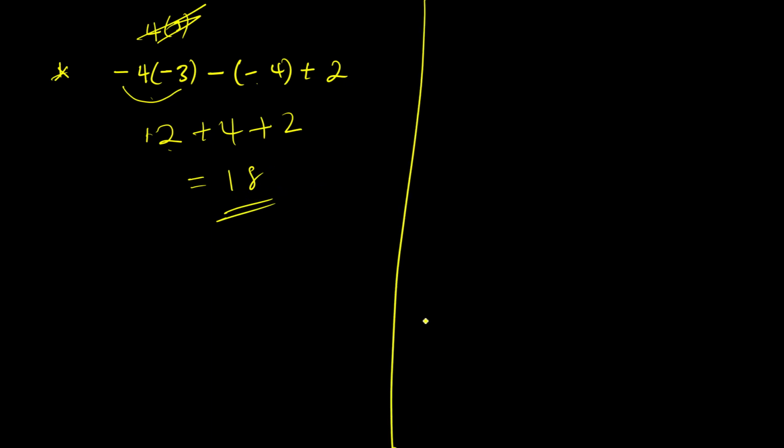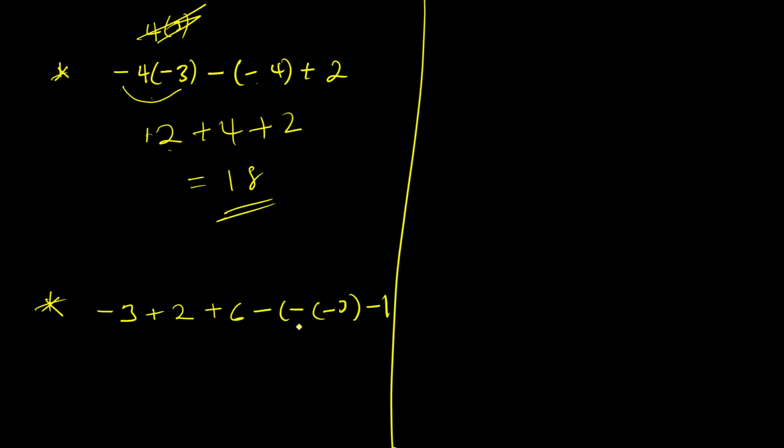Let's look at the last example here. You can pause the video and try this: -3 plus 2 plus 6 minus 3 minus 1. Let's see what we can do.